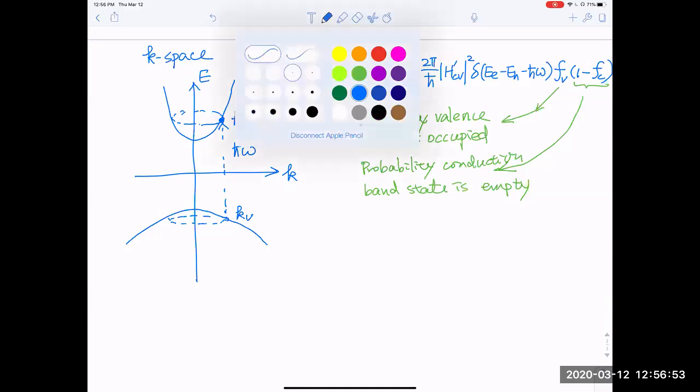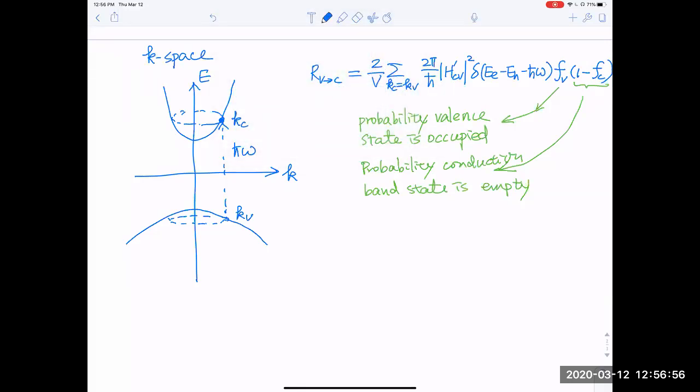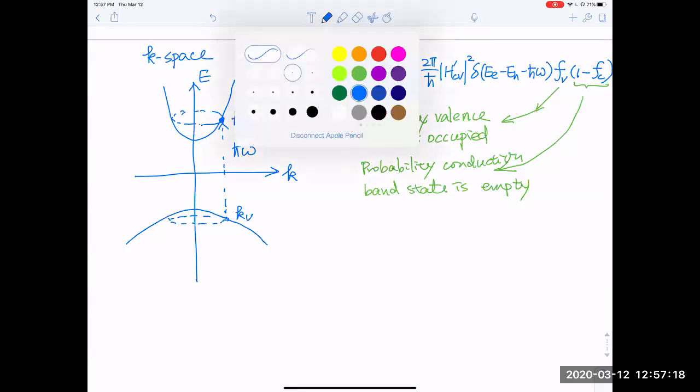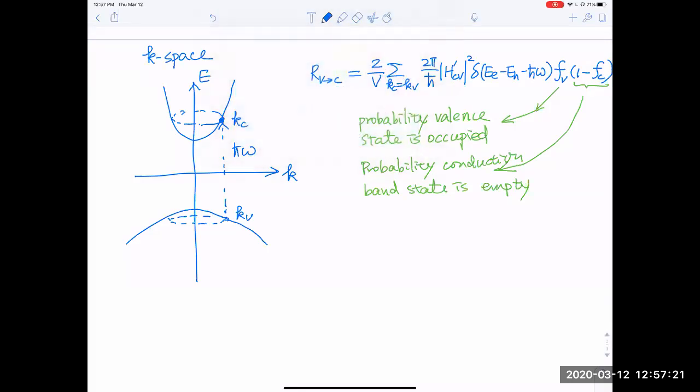Okay. And similarly, I see a question here: why is it not h bar omega minus EE minus EH? I guess the question comes a little bit earlier.